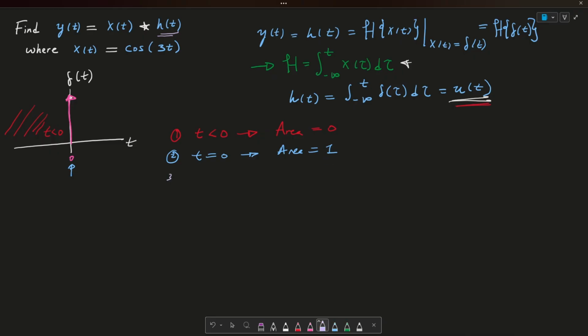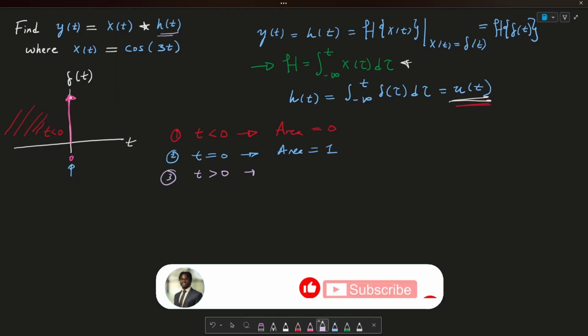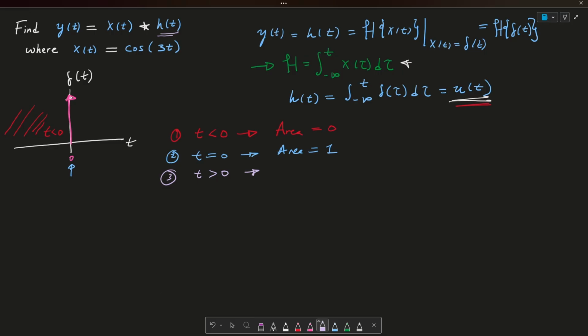And lastly, the third case is when t is greater than 0. We say that the integral, or total area, has accumulated a value of 1 and holds that value. So for t greater than 0, it's essentially this entire area, including my function and what's remaining here. So my area is equated to 1.